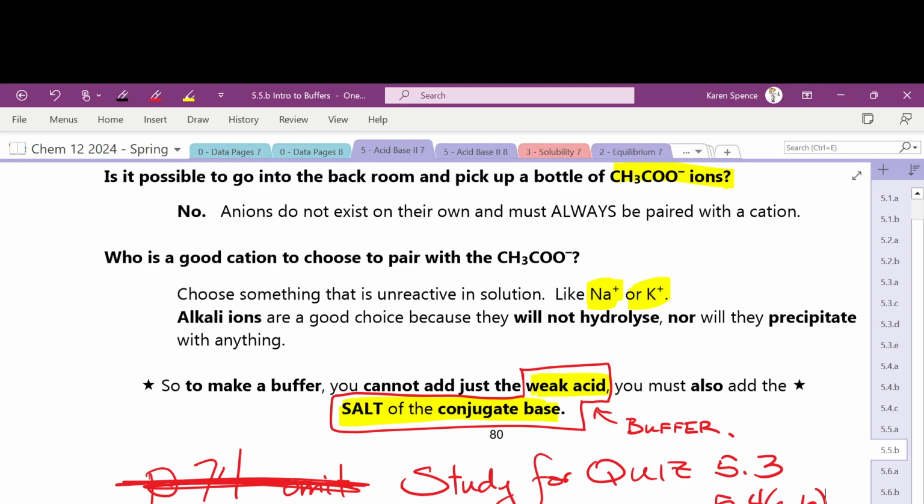Okay, so ladies and gentlemen, we are having a quiz on Monday. Quiz on Monday on hydrolysis and mixtures of strong acids and strong bases. So this is section 5.3 and this is 5.4 A and B only. We're going to finish C today, but it's not going to be on the quiz, because it's mixtures of strong acids and weak bases.